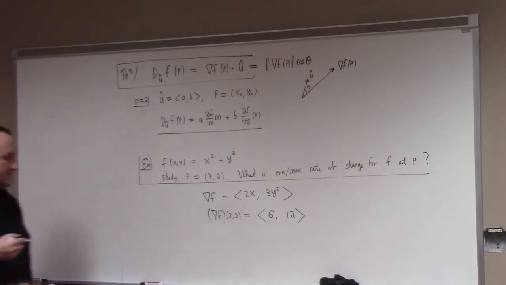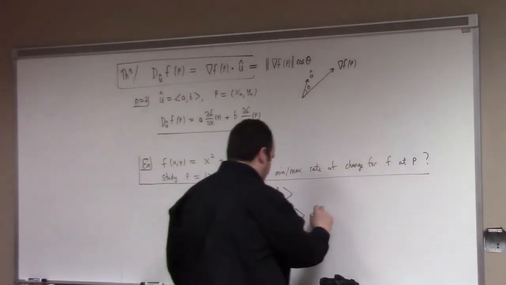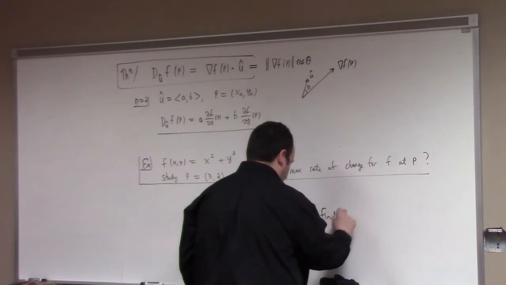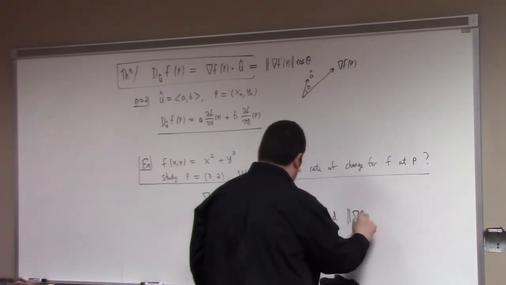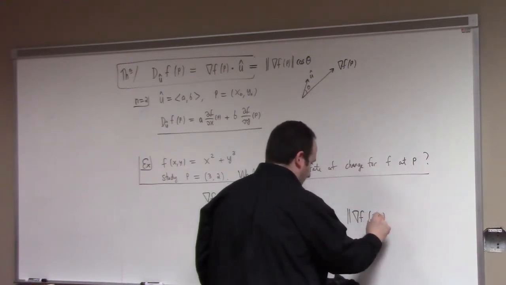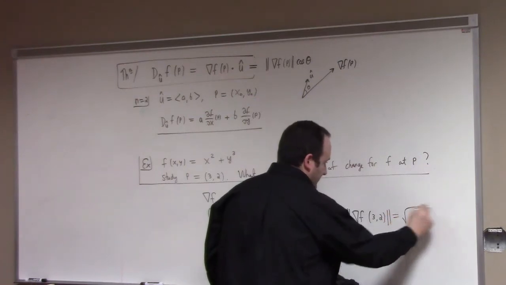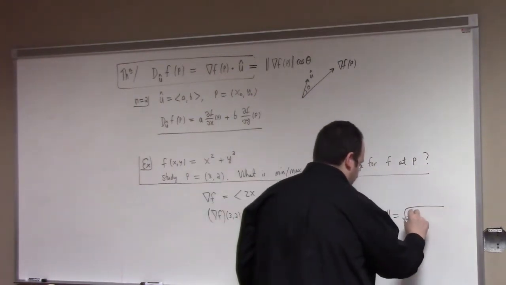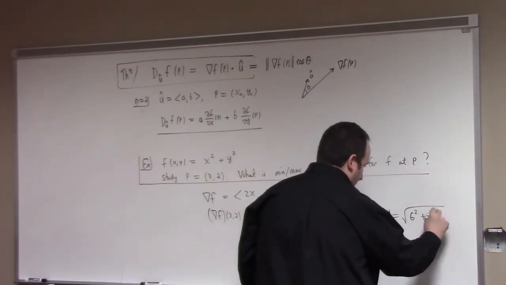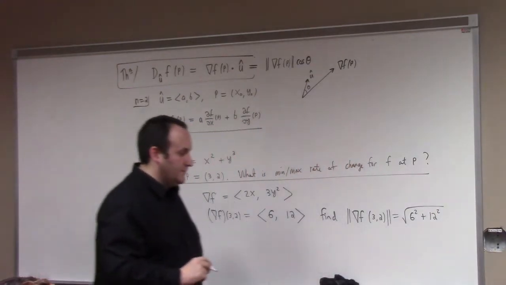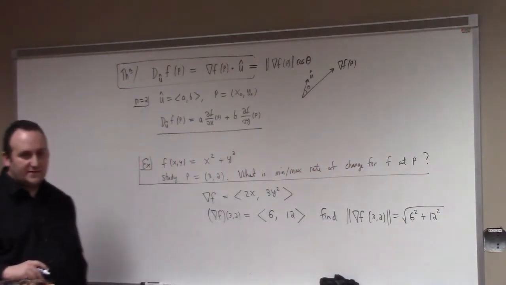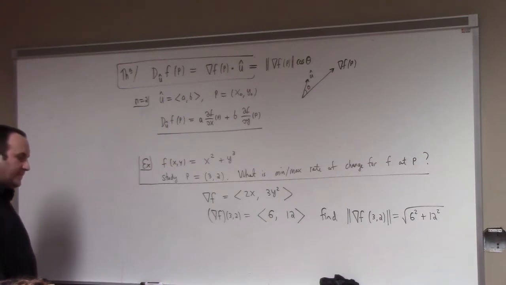What's the magnitude of the gradient at the point 3, 2? It's the square root of 6 squared plus 12 squared. So that's the square root of 36 plus 144, which is the square root of 180.